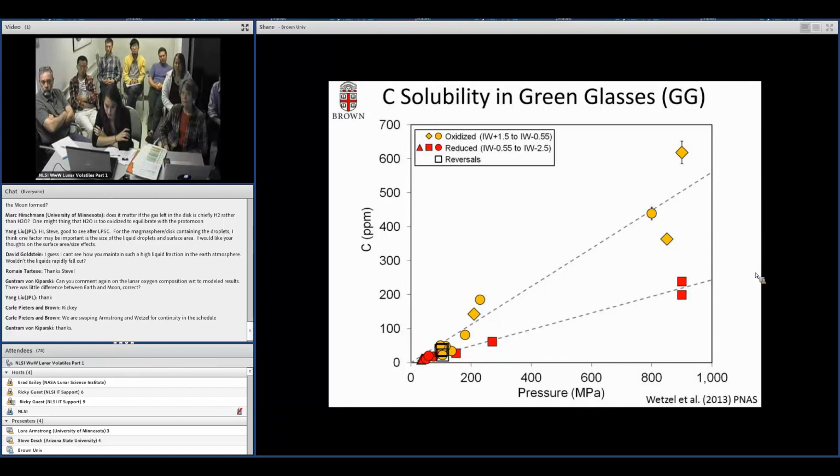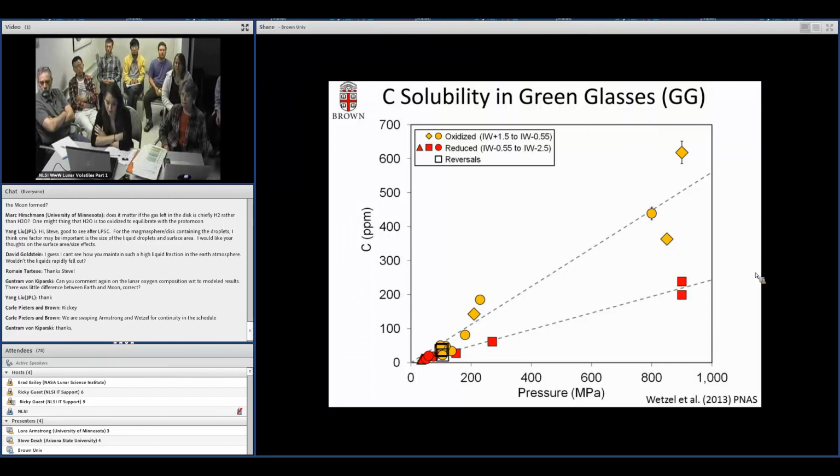This is important when we think about when these melts will reach saturation and produce the first gas phase. Basically, the reduced melts will form a gas phase deeper than the oxidized melts, and so this plays into how efficiently you can degas in the process.